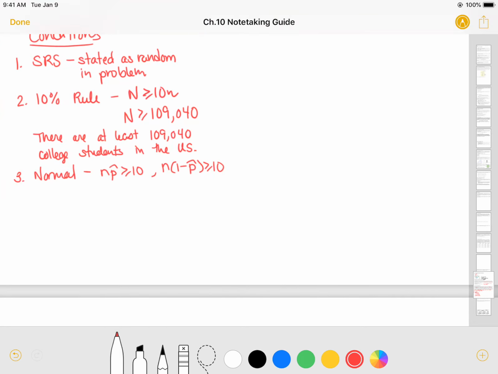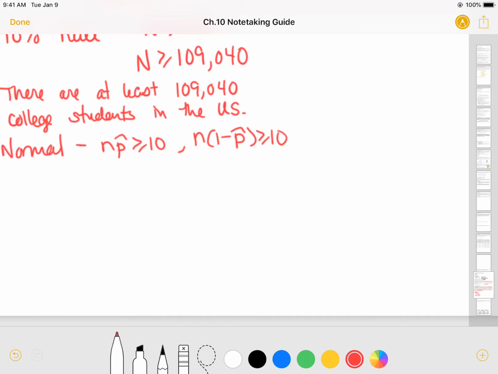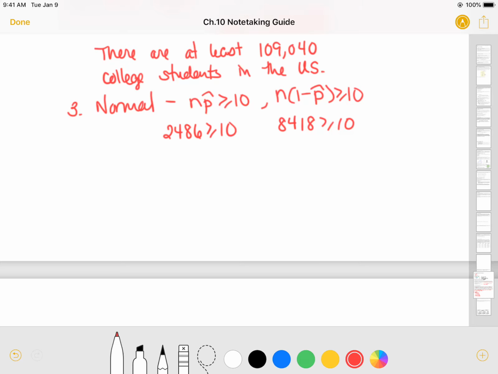So the number of successes that we have is going to be 2,486, which is definitely greater than or equal to 10. And then that means that the number of failures would be 10,904 minus the number of successes. So that gives us 8,418 failures. Okay? So both are definitely large enough.